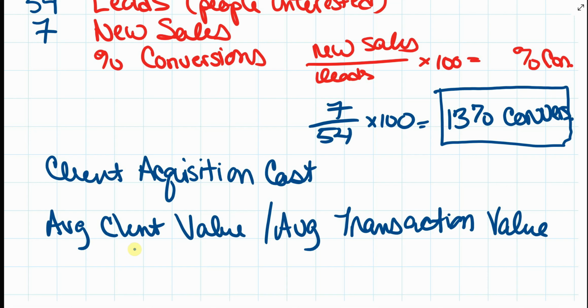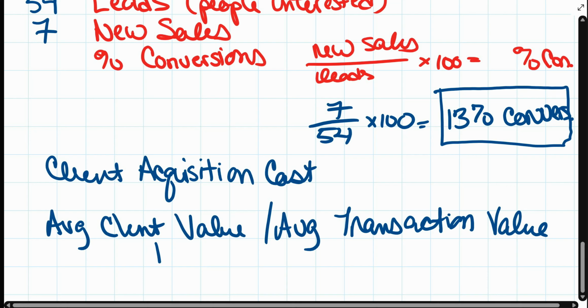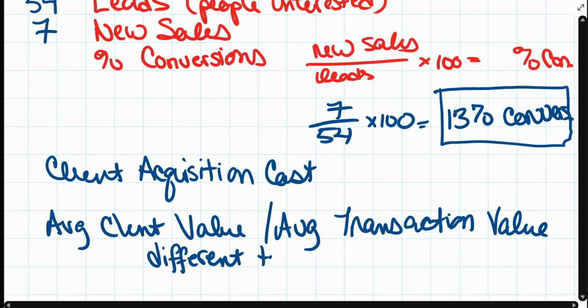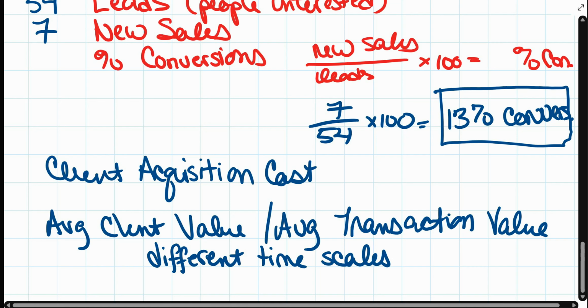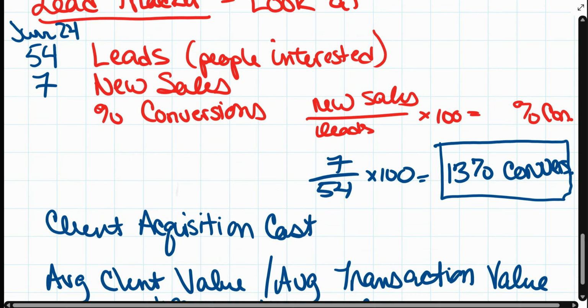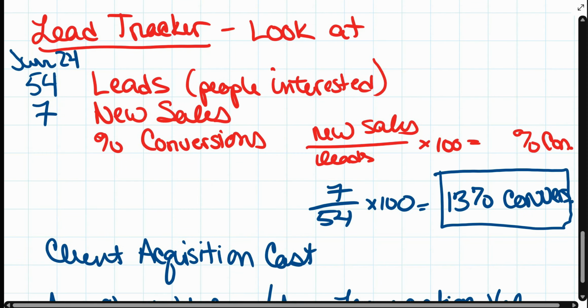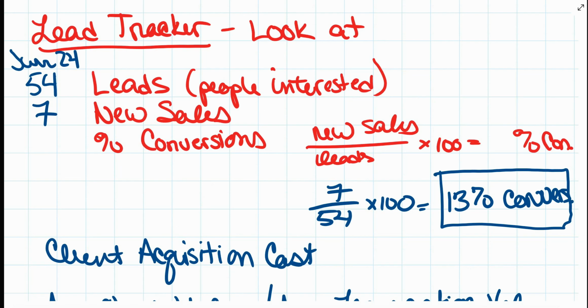And sometimes we saw that we may need to think about these on different time scales based on engagements and contracts, especially if you're a service-based business. And then lastly, we took a little bit of just a simple idea of how to create a lead tracker and start using this to calculate my sales conversion.